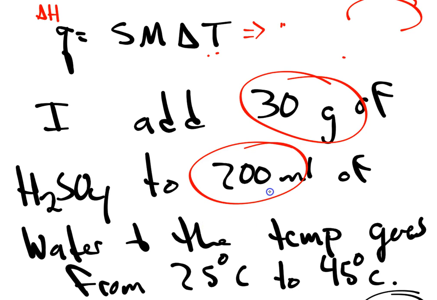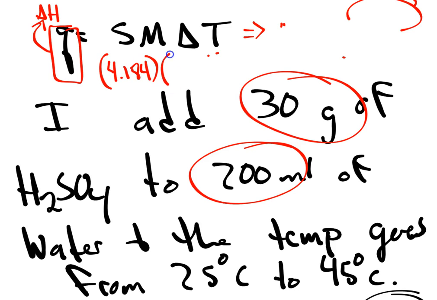And then the rest of the problem is just asking you, what is the heat released, or what is the enthalpy change? You want to do it together? All right. So Q is equal to s m delta T. So what is s? 4.184, and that is a number you definitely should memorize.